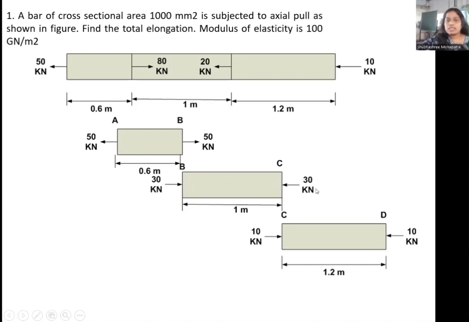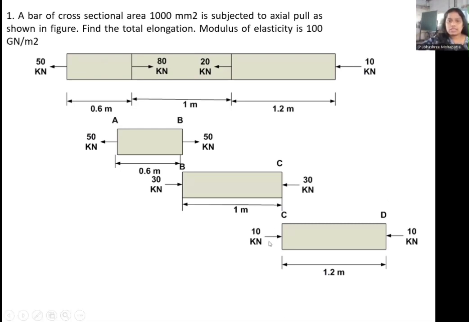And at C, it will be an equal and opposite force, that means 30 kilonewton in the opposite direction. But at C, we require 20 kilonewton towards the left. Towards the left at C, we have 30 kilonewton, so we have to reduce 10 kilonewton from this.